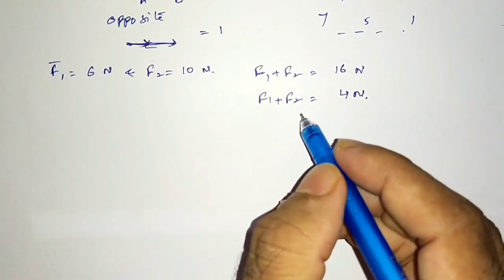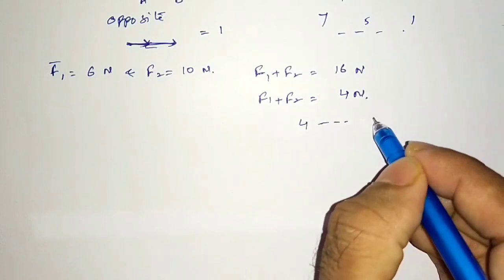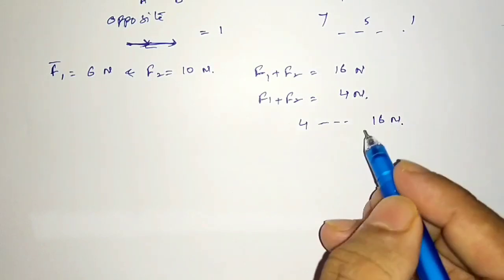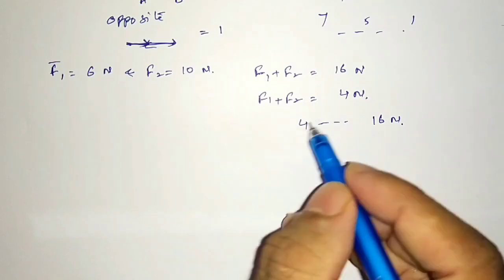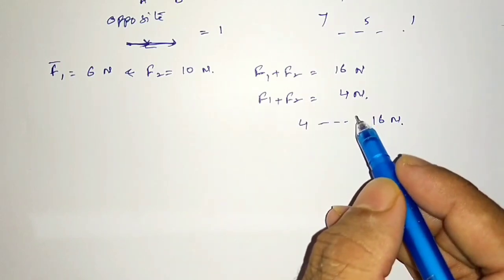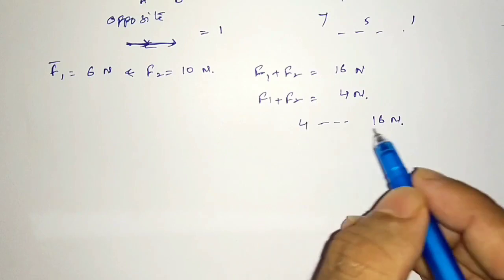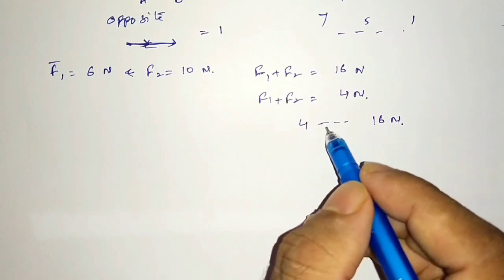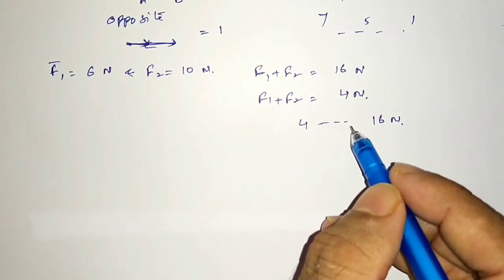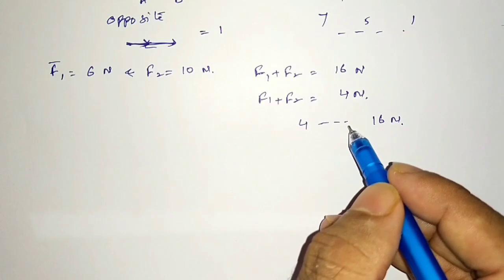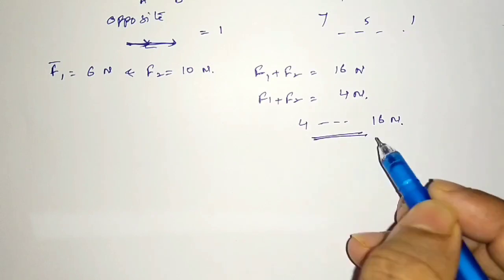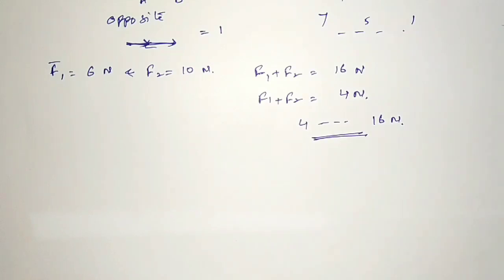In between 4 to 16, its value can be anything. That is, F1 plus F2 can be anything in between these two values. It can be 5, 6.5, 7, 8, 9, 9.5, 10.5, whatever it may be. Okay, this is the beauty of vector addition, right?